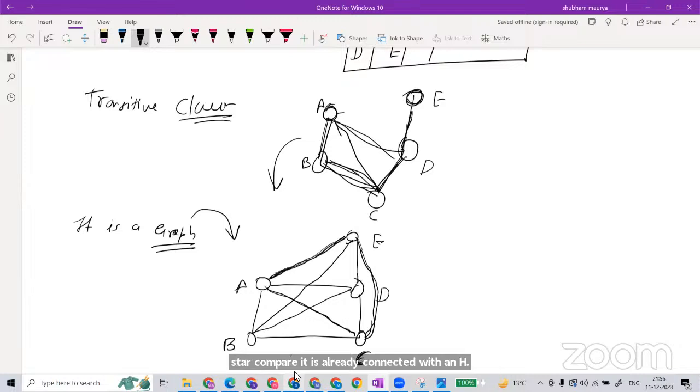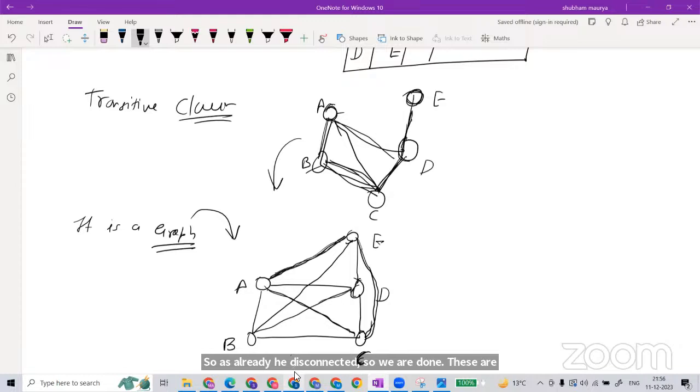Let's move to D. Except for B, all are connected, and we already know there is a path between B and D, so it is already connected. So D is done. E we have also already checked with all vertices.